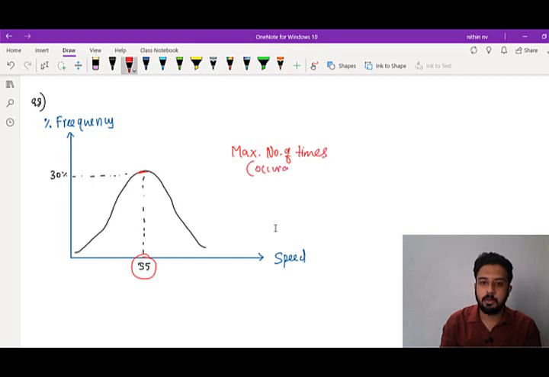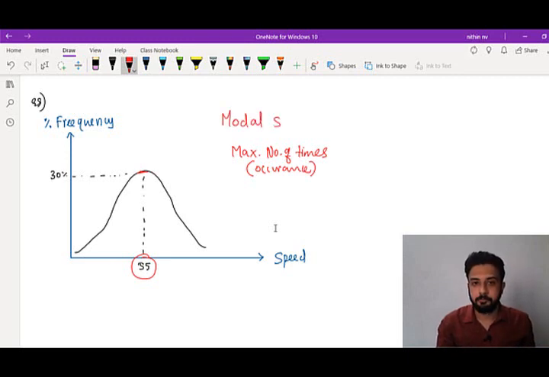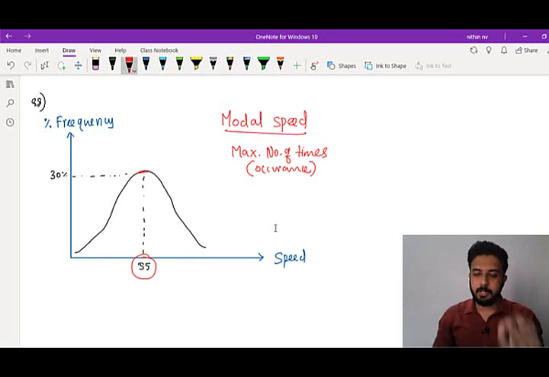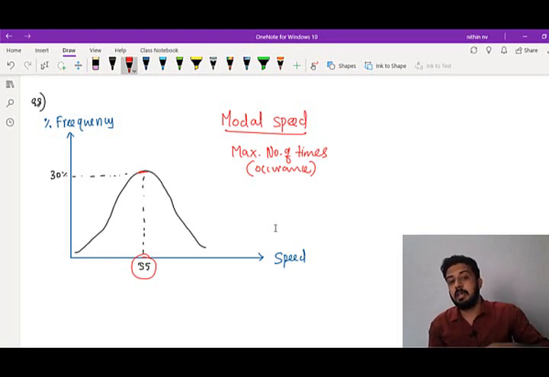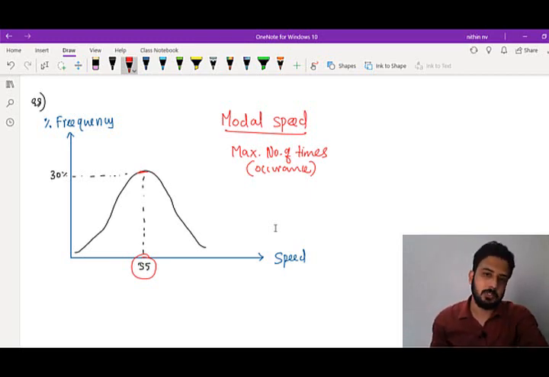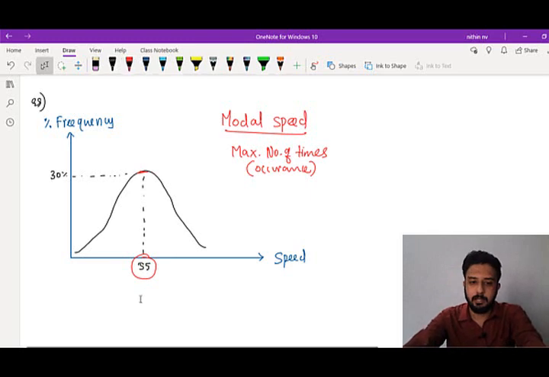Which speed is that? According to our example, it is 55. That speed we can call the modal speed. So what do you mean by modal speed? Modal speed is nothing but, for a particular data, whichever speed is occurring the maximum number of times, we can call it the modal speed.